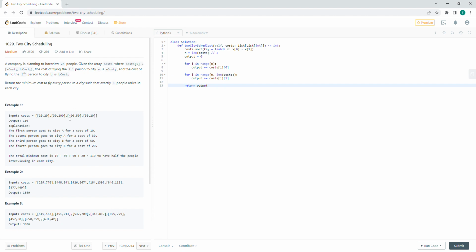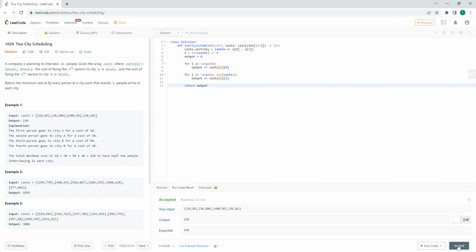And once we get to the halfway mark, everybody afterwards has to go to B because the relative cost difference is very high. So we're taking the later path of it. And essentially that's what we're doing, if that makes sense.